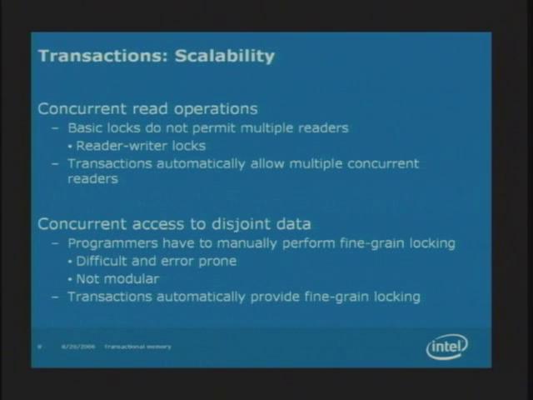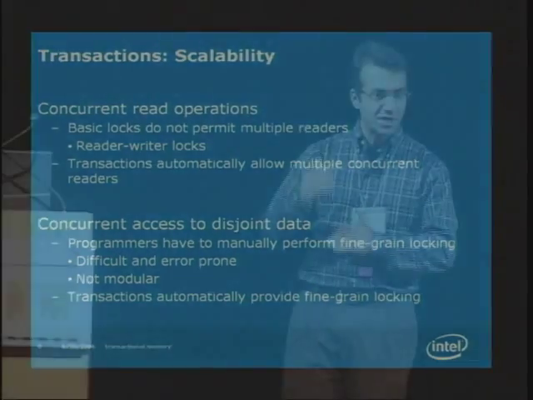Now, again, you can get disjoint access concurrency using locks. But it's a lot more difficult, because now the programmer has to take their critical sections, analyze what data is accessed by the critical section, and then break the lock into smaller locks that protect smaller pieces of data, and then take their big critical section and break it up. Well, that's very difficult and error-prone to do in general.